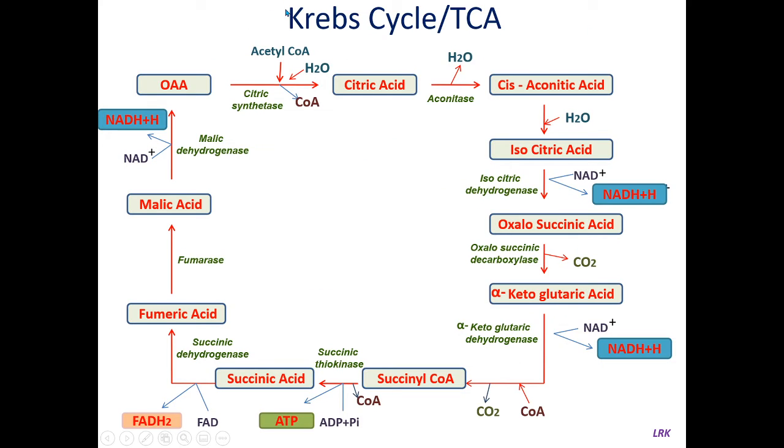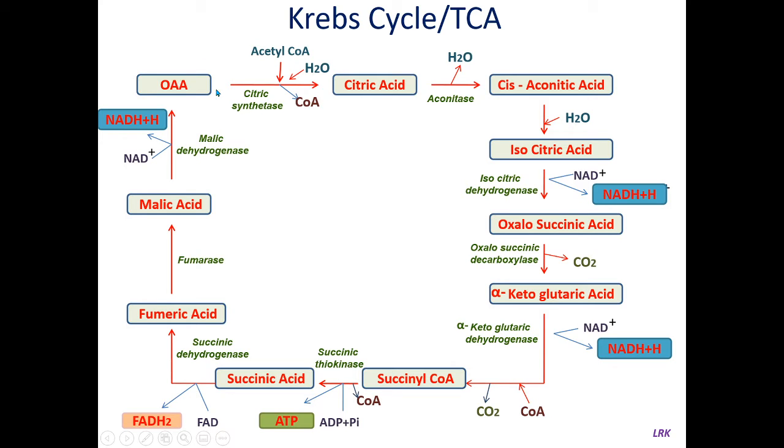Then we saw the Krebs cycle. It is also known as the tricarboxylic acid cycle or citric acid cycle. It takes place in the mitochondrial matrix. Acetyl coenzyme A enters the mitochondrial matrix, where it is first accepted by oxaloacetic acid, a four carbon compound. After accepting acetyl coenzyme A, it forms citric acid, a six carbon compound.